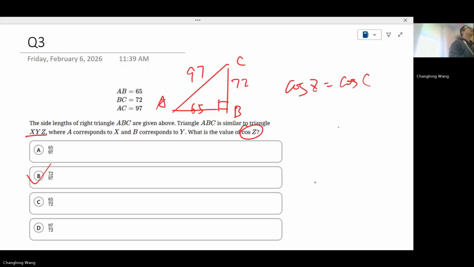Does it make sense? Now, when they say angles are corresponding to each other, that means they are equal in measure, right? They're in the same measurement in degrees or radians. Therefore, you just have to find out what is cosine C. Cosine C is adjacent over the hypotenuse, right? Therefore, it's 72 over 97.